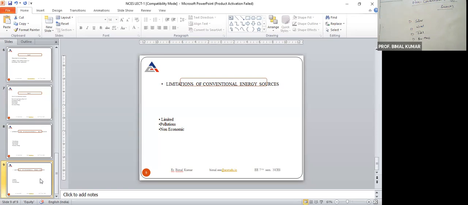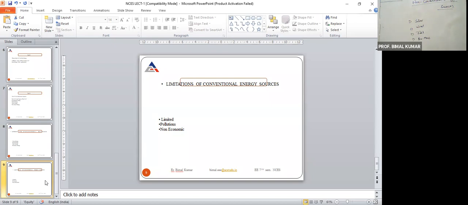So that means if there will be no forest, then these sources are no longer available, right? So these sources are available for not a long time period. After some time period, these sources are just going to be diminished.